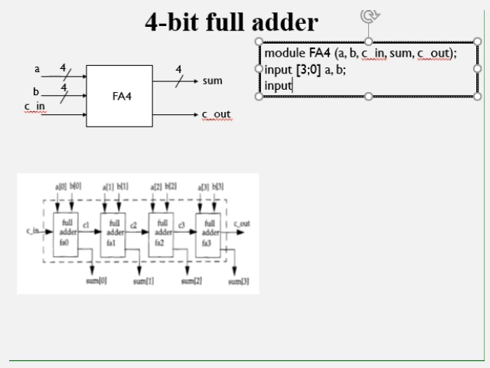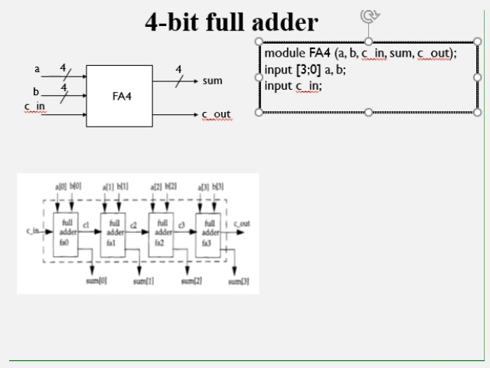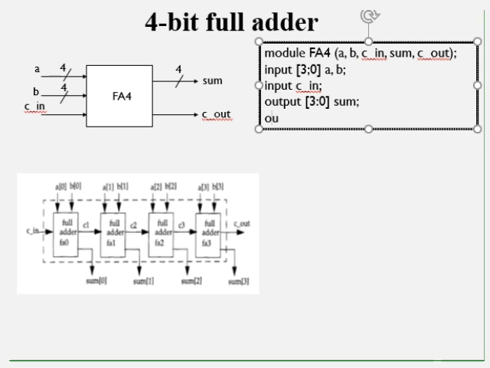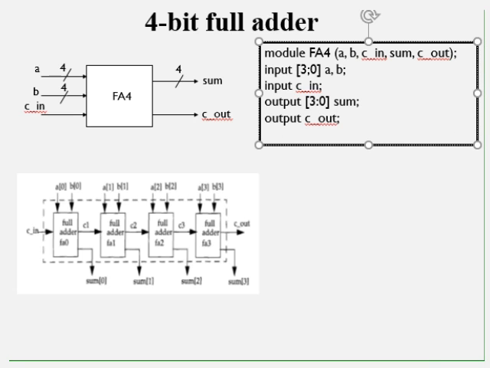The other input, as you know, is the single bit input carry. Next is output. Sum is also a 4-bit line, that is 3 down to 0 sum, and the output carry is a single bit line. This is done with the module definition.